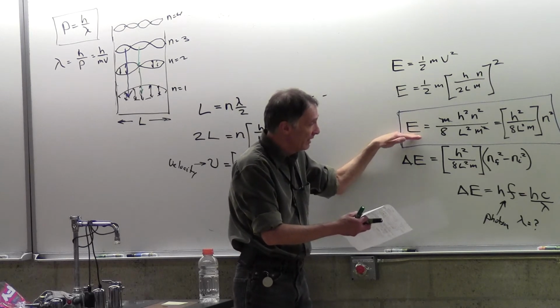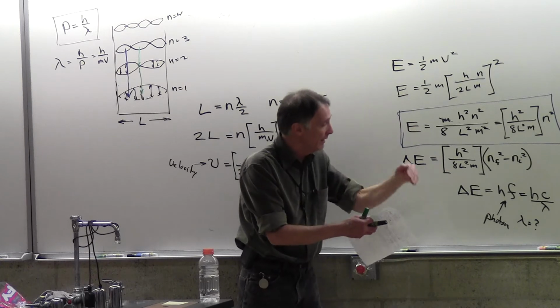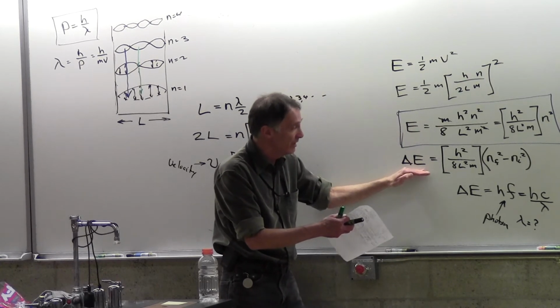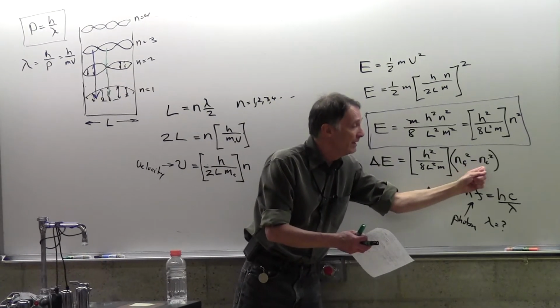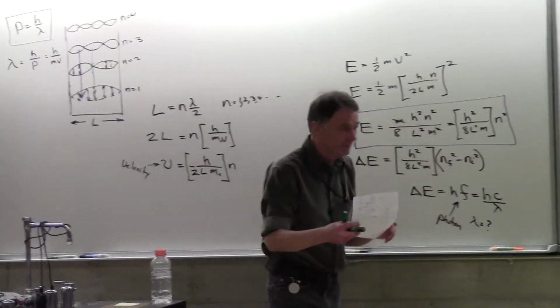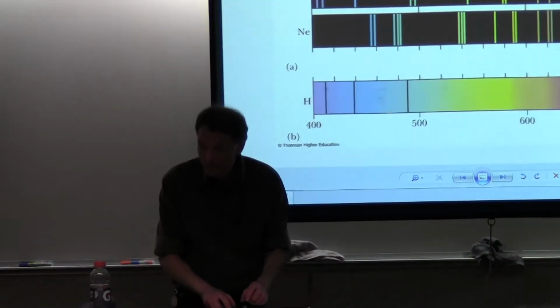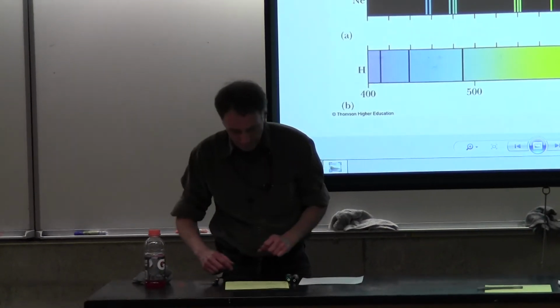This would be the energy. Keep in mind, though, that if you're going to be absorbing or emitting a photon, you're talking about a change in energy. You're going from some initial state to some final state. And so that's sometimes included. So that's the kind of infinite box that we have.